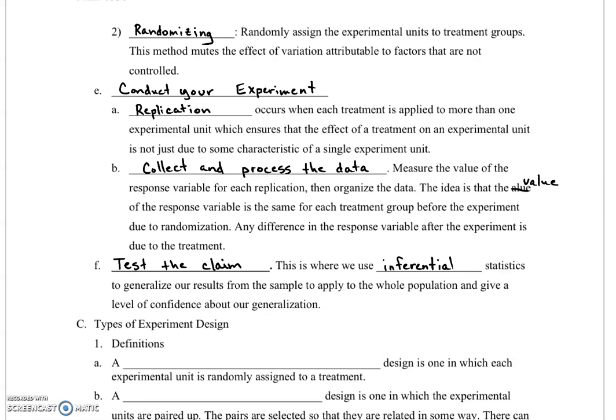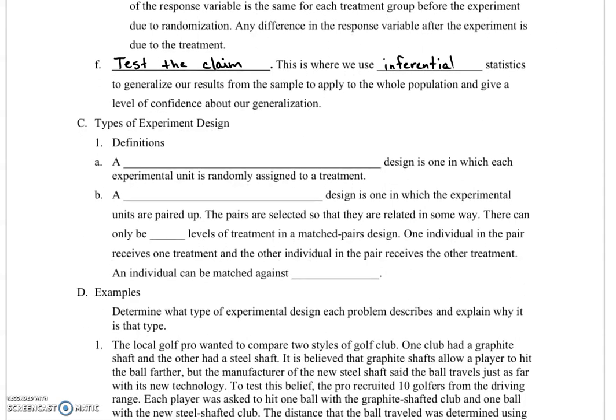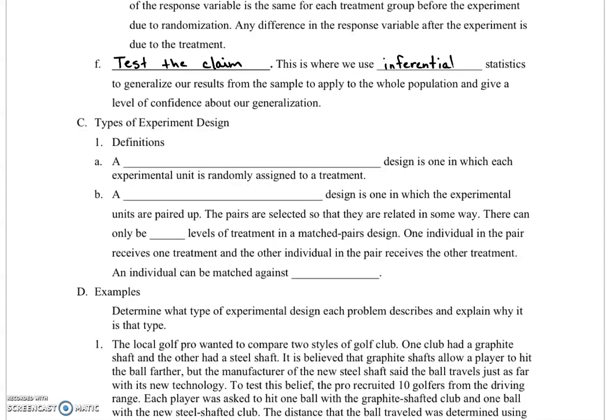So there are two types of experiment design that we'll talk about briefly, and then we'll look at some examples in the next video. So a completely randomized design is one in which each experimental unit is randomly assigned to a treatment.